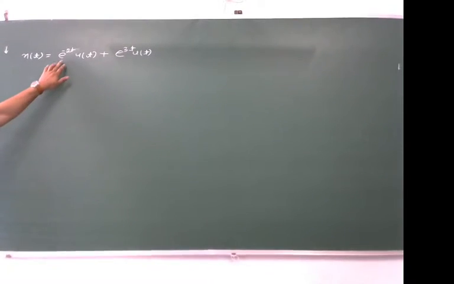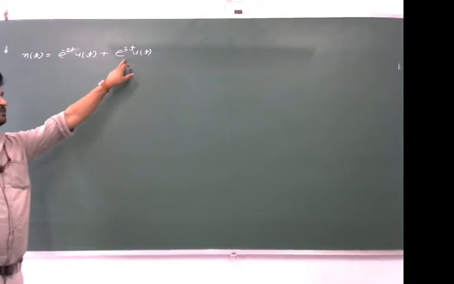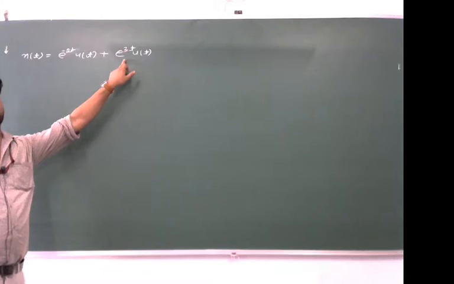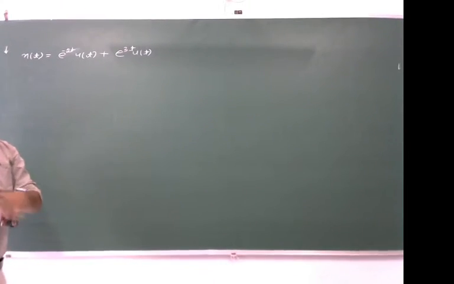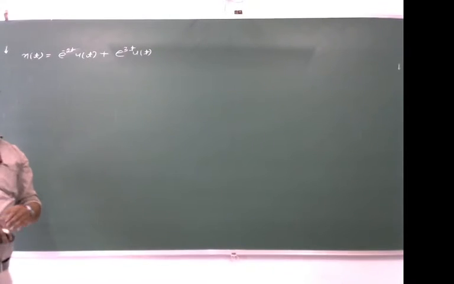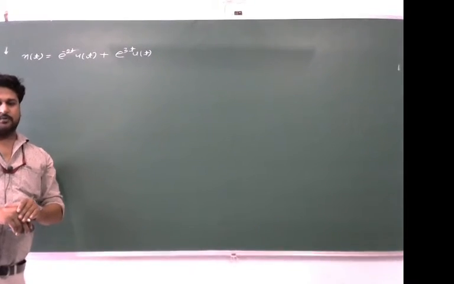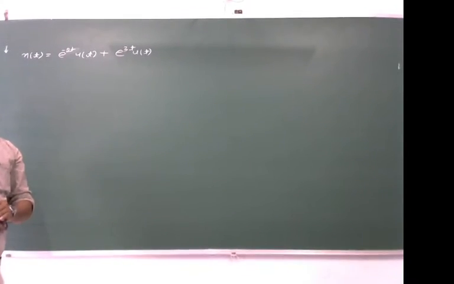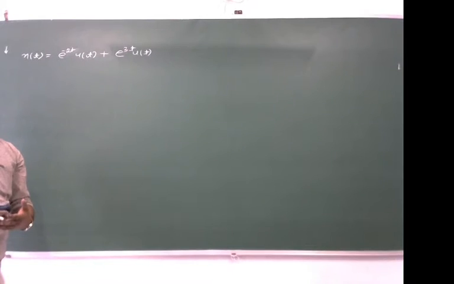It will directly become: the Laplace transform of e power minus 2t will become 1 upon s plus 2, and the Laplace transform of e power 3t will become 1 upon s minus 3, as we have seen earlier. But we have to specify the region of convergence of this function if we are going to convert this function into the frequency domain by using the Laplace transform.